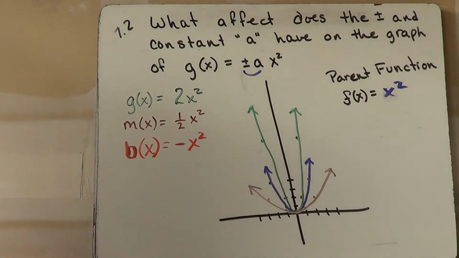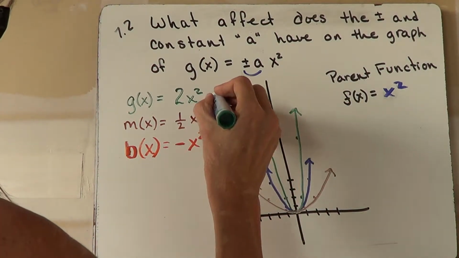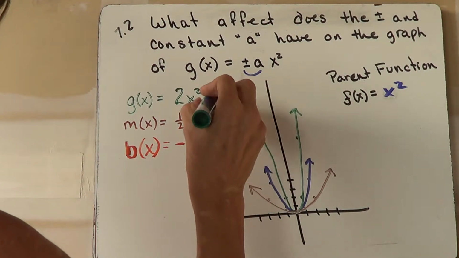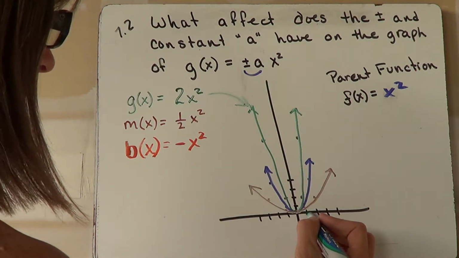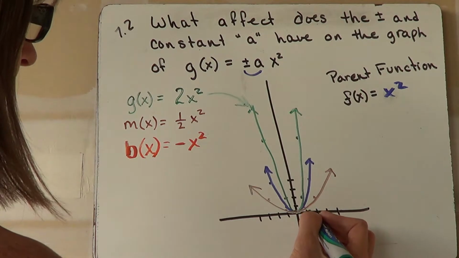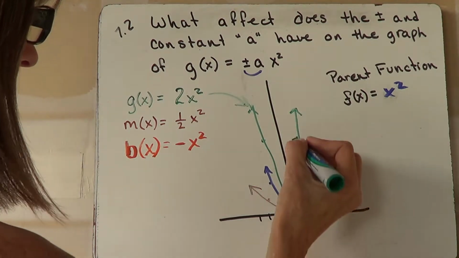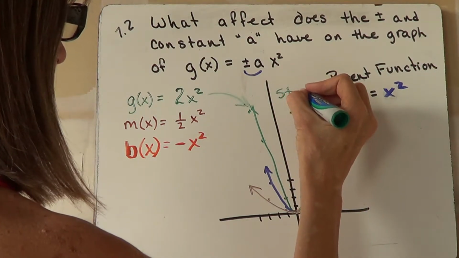It's real important that you get a few vocabulary words connected with these. When it's a whole number, I know you guys like to look at that and say it's skinny. But mathematically, we look at what has happened on the distance from the x-axis. See how the blue line is here and the green line's up here, further from it? So we say that it's stretched.